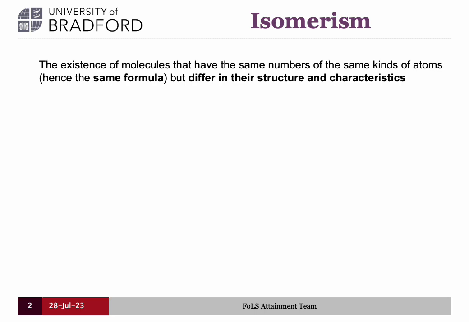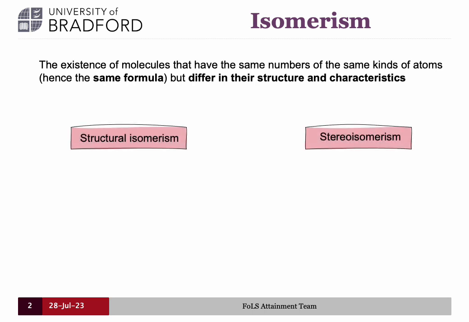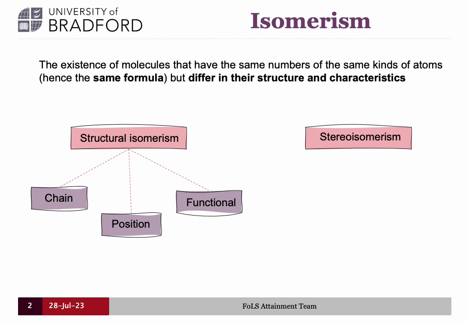Isomers can take many different forms, but there are two main forms of isomerism, structural isomerism and stereoisomerism. We will consider structural isomers first, which can be split again into three main subgroups, chain isomers, position isomers, and functional group isomers. And then we will look into stereoisomers, which could be geometric or optical.